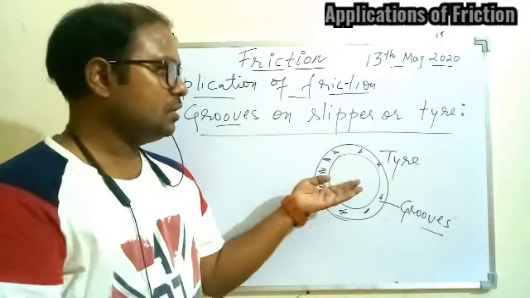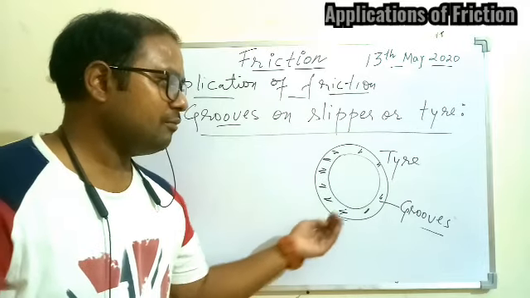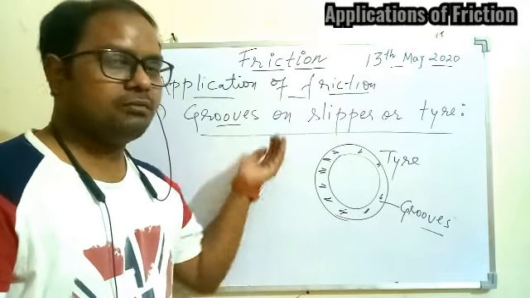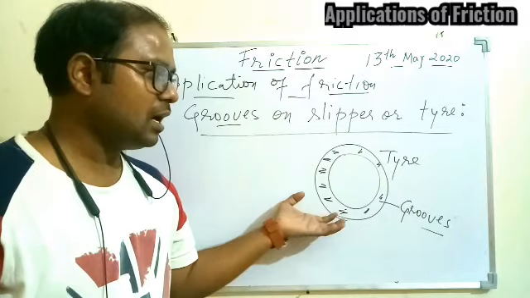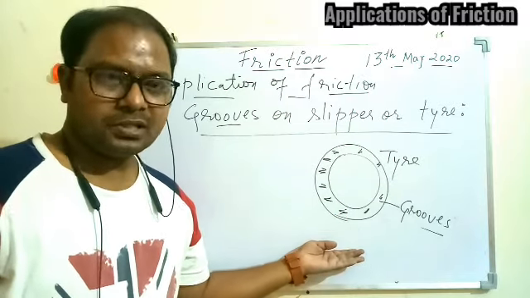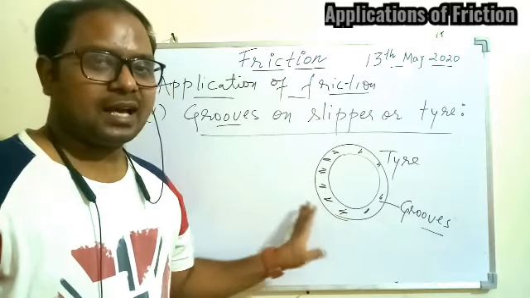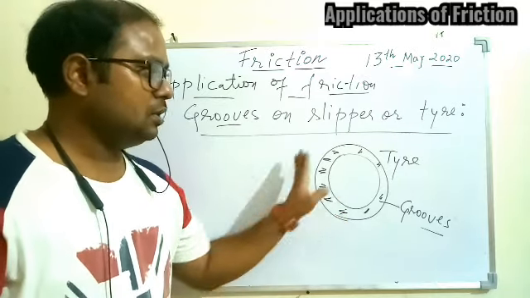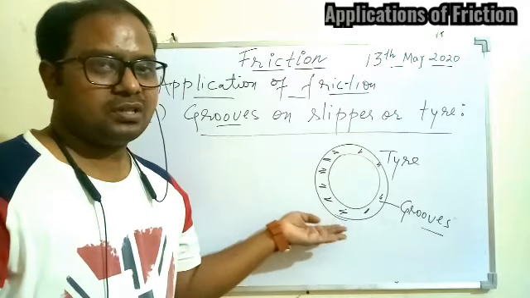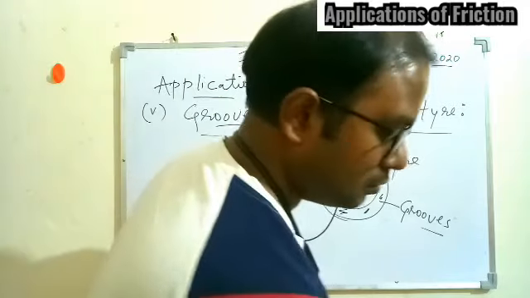So same thing with the tire also. On the tire we have the grooves, so that when the vehicle will move on the ground, the tire will have proper gripping with the surface and the vehicle will not slip. So that is also, to overcome the accident, we need to have proper gripping, proper friction with the surface, otherwise the vehicle may not move.